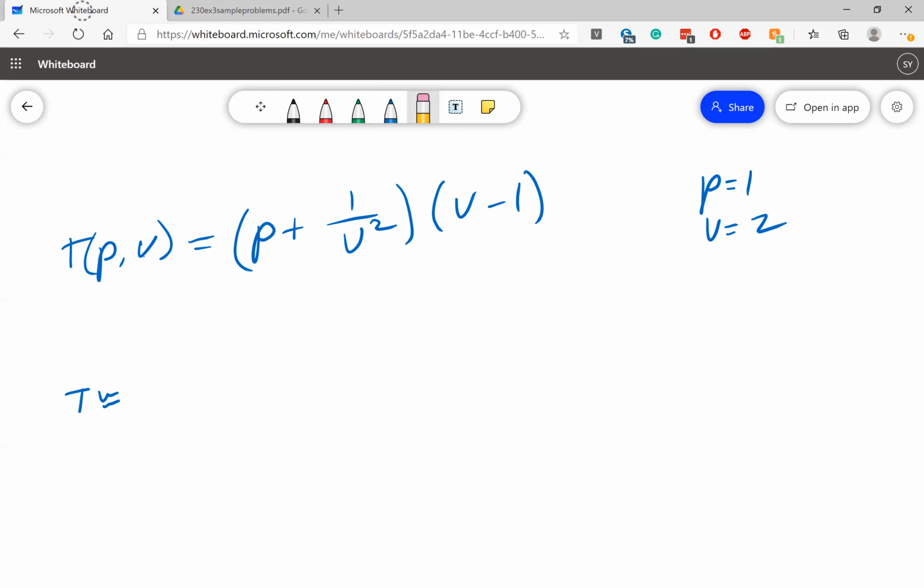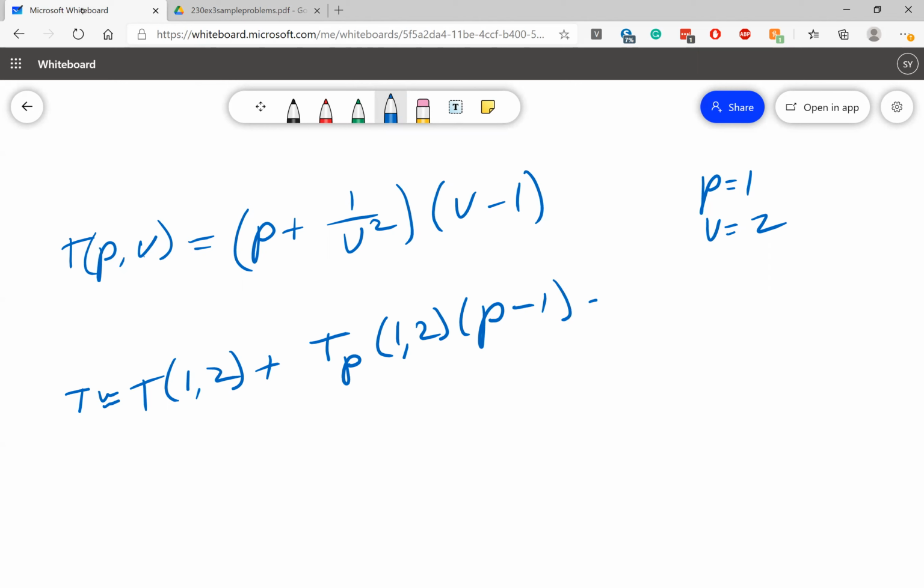So now we're going to have T at (1, 2) plus the partial of T with respect to P at (1, 2) times (P − 1) plus the partial of T with respect to V at (1, 2) times (V − 2).